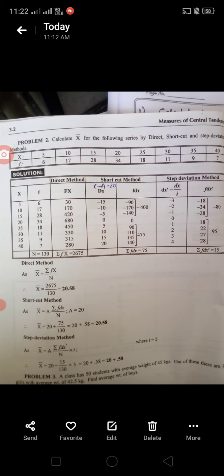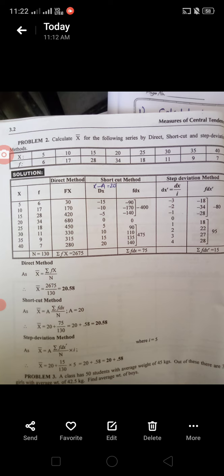Here I took 20 as the assumed mean. Now see, x minus a, assumed mean is 20 and the x values are given here. 5 minus 20 is minus 15, 10 minus 20 minus 10, 15 minus 20 minus 5, 20 minus 20 is 0, 30 minus 20 is 10, and 35 minus 20 is 15, 40 minus 20 is 20.